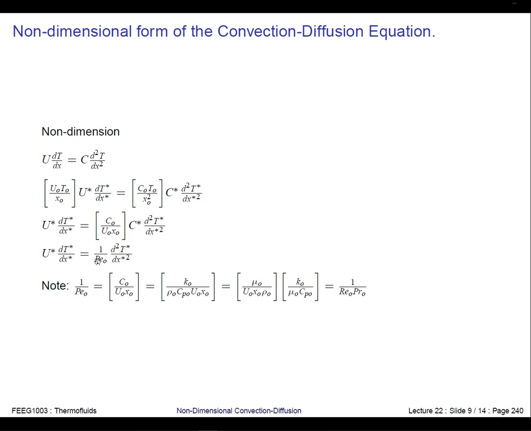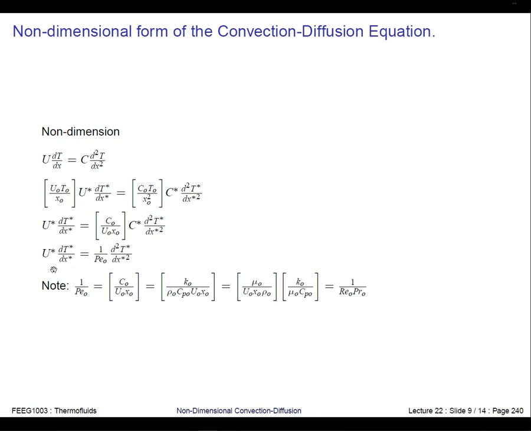So if the Peclet number is much bigger than 1, then this term is in general much smaller than this one, and so it's a convection dominated problem. On the other hand, if the Peclet number is much, much smaller than 1, then this term over here is much, much bigger than this term over here, and it's a diffusion dominated problem.